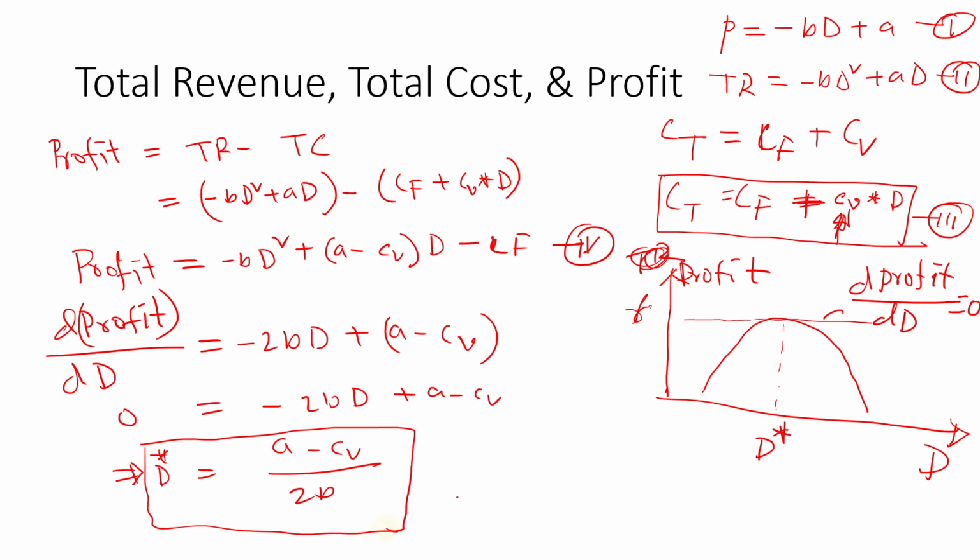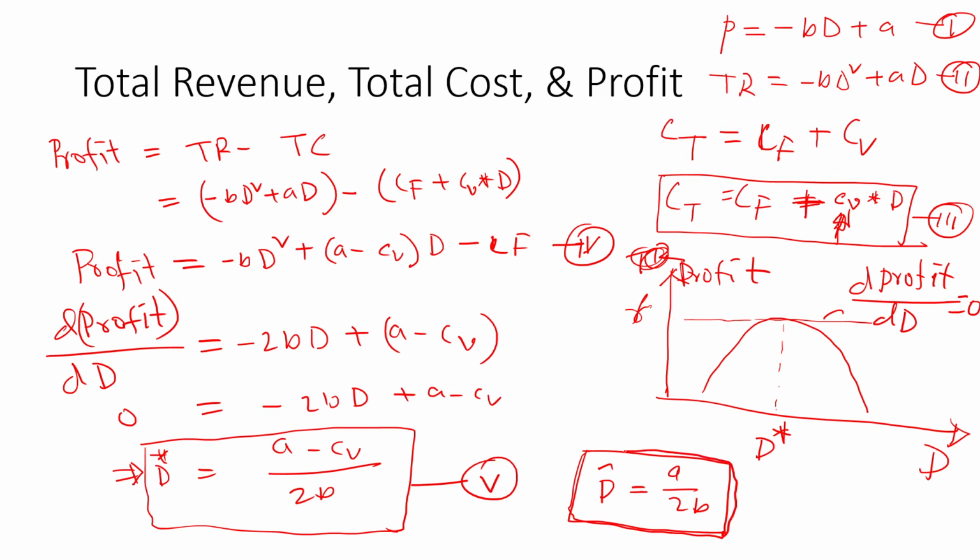Now remember that equation, let's say this is our equation number 5, for which we have the demand where total revenue is maximum, that was A by 2B. So this is the demand for which the total revenue is maximum. As you can see, this is slightly bigger than this value.